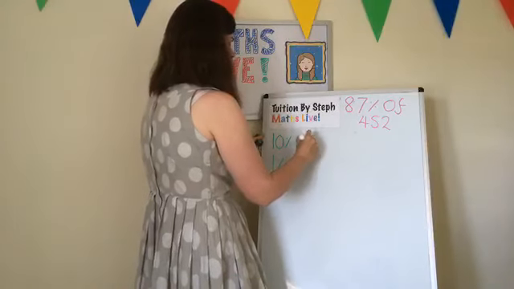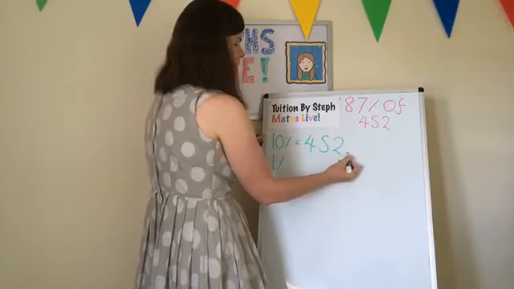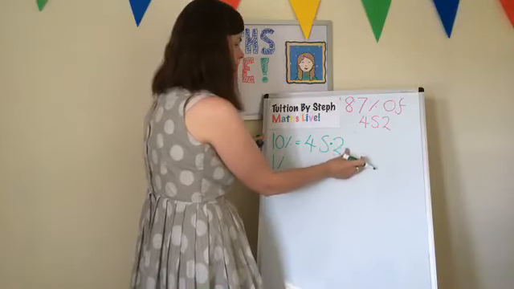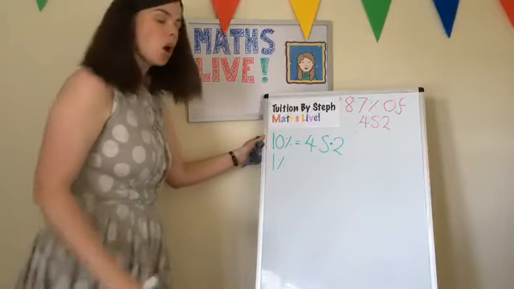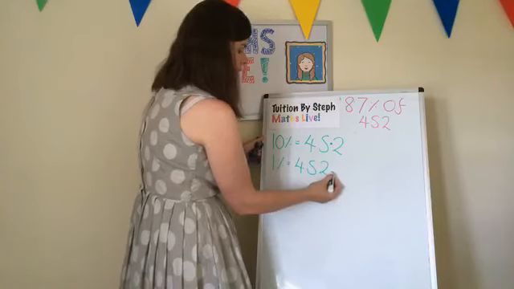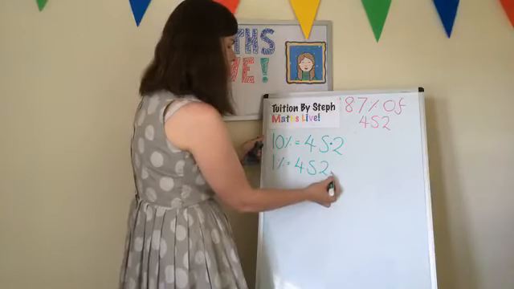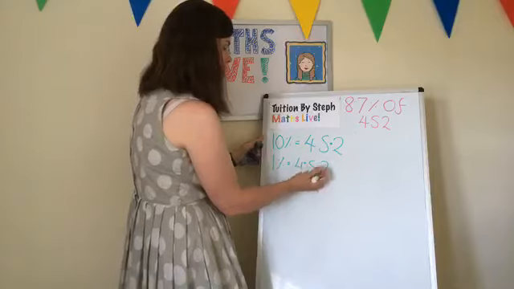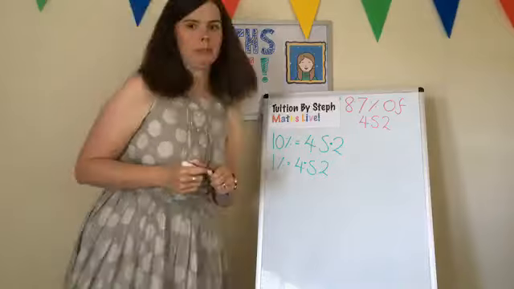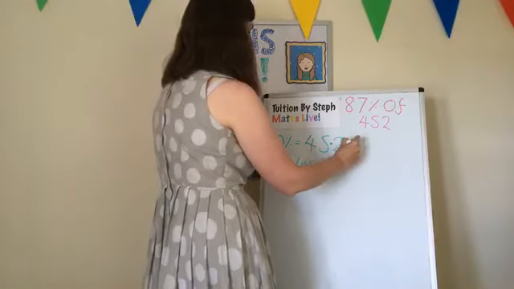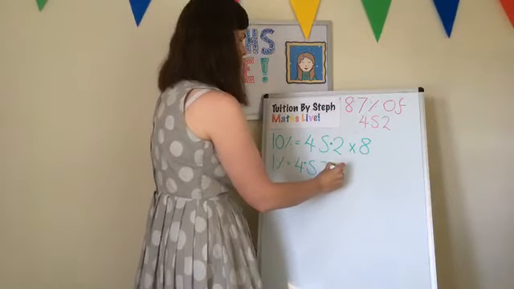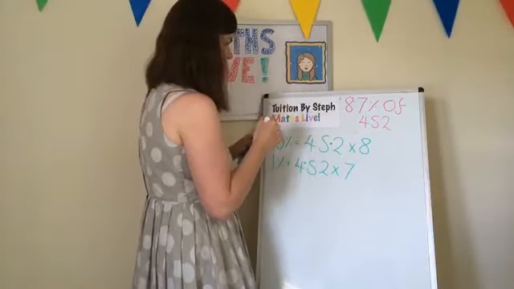So 10% of 452. There's my decimal point, always hidden next to the whole number. Jump once, so 10% is 45.2. 1%, again, just write the number out. There's the decimal point, and it's going to jump twice now, so 1, 2, which is 4.52. Now, I don't want 10%, I want 80%, so I'm going to times my answer by 8. But I don't want 1%, I want 7%, so I'm going to times this answer by 7.